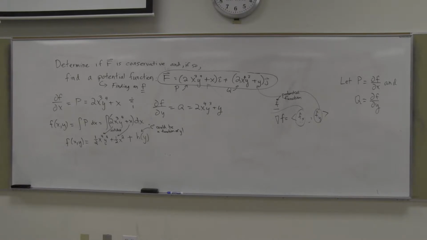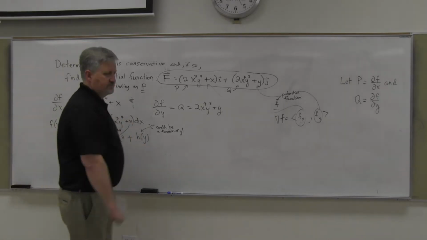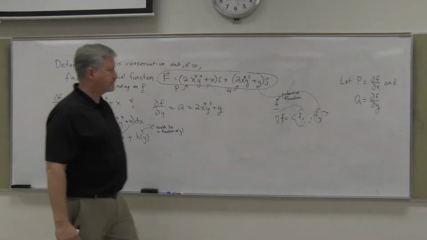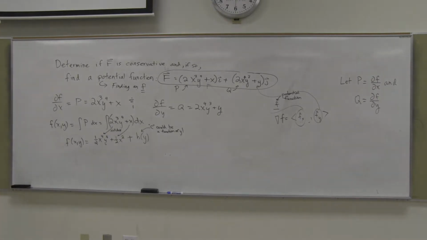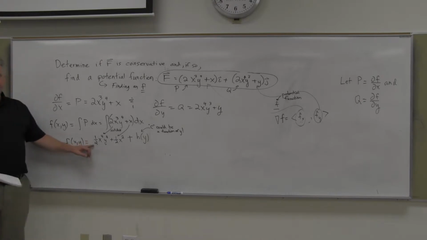Now, having done that, now to figure out h of y. What we see here, all right, so if we think about doing here the partial of this now with respect to y.